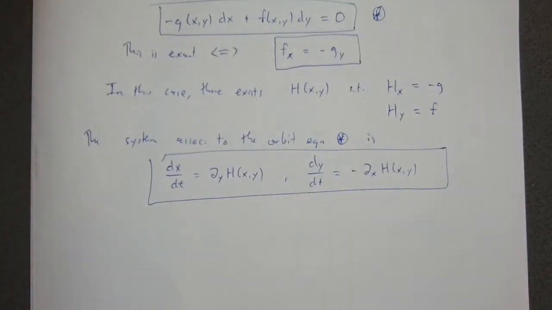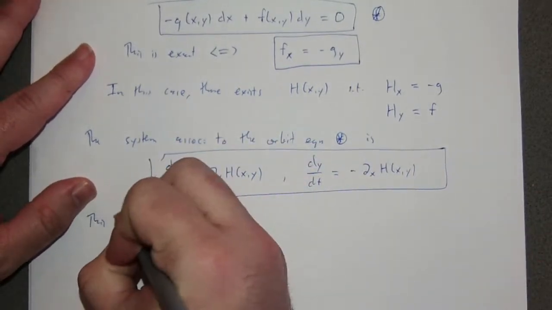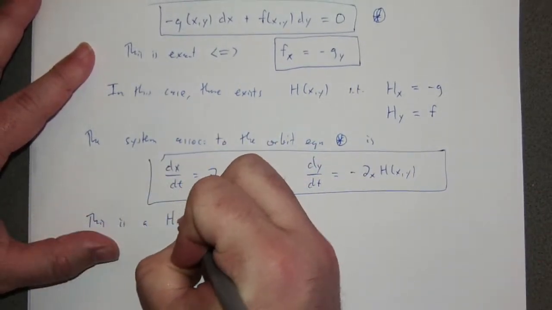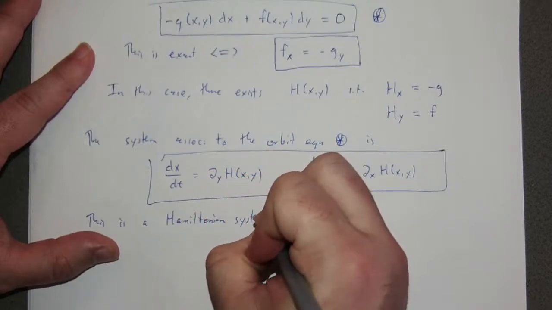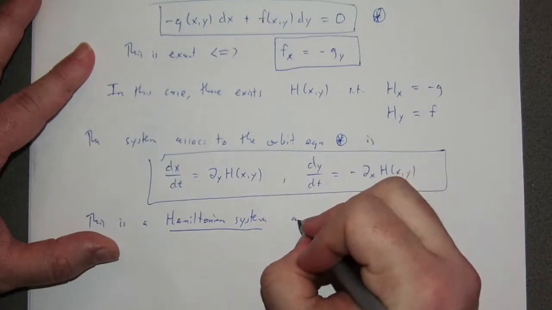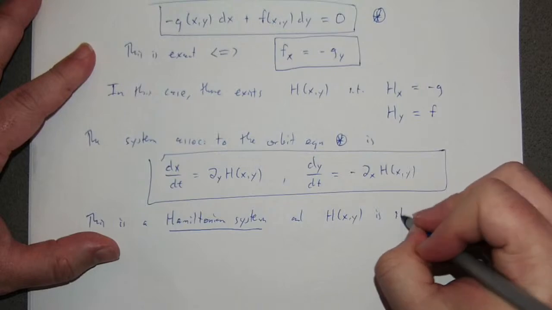This is called a Hamiltonian system. So this is a Hamiltonian system, and big H is its Hamiltonian.